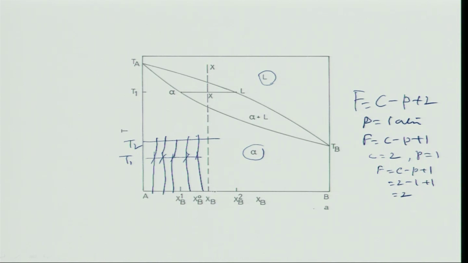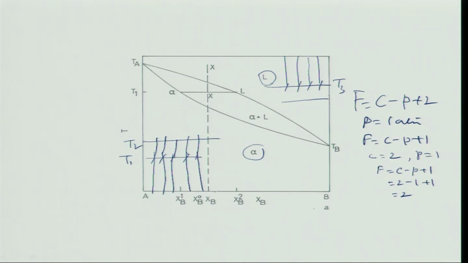So, I can vary both temperature and composition simultaneously, and alpha will remain stable, no change. Similarly, if I consider a temperature T3 in the liquid region, I can have different compositions where liquid is stable.